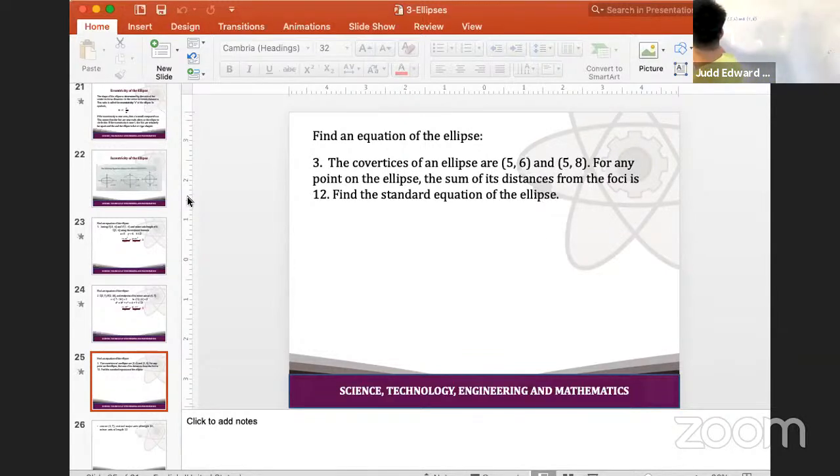And the second one says, for any point on the ellipse, the sum of its distances from the foci is 12. Okay? So actually, madali lang to.